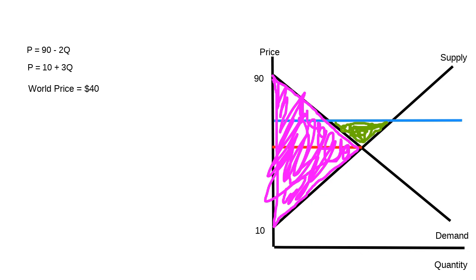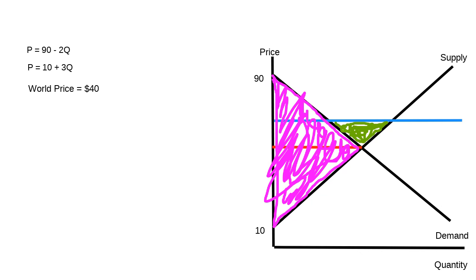When we want to actually calculate this green triangle, we need the height of the triangle, which is the difference between the equilibrium price and the world price. Then you multiply that by the base of the triangle, which in this case is the exports, but if you're importing, then it's the imports.